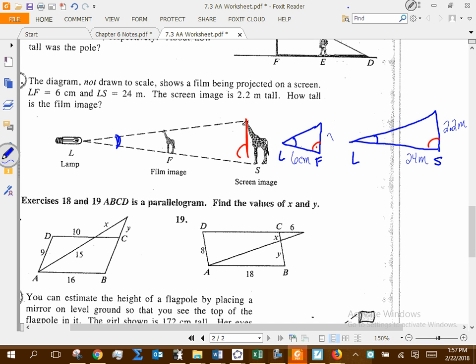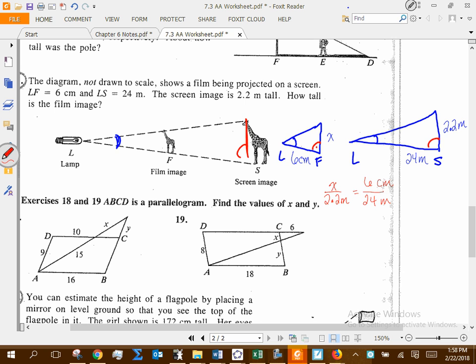And then they ask us how tall is the giraffe on the film? Once you get that set up, I don't think anybody's going to have issues with saying, well, x should compare to what? 2.2. Okay, and then 6 should compare to what? 24.